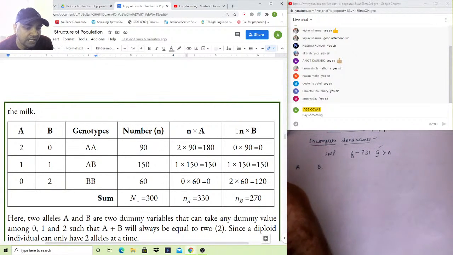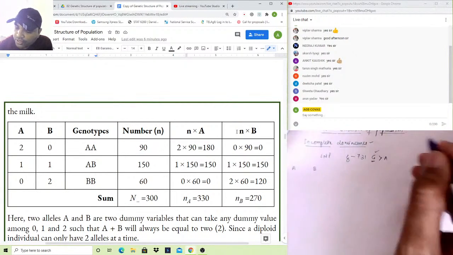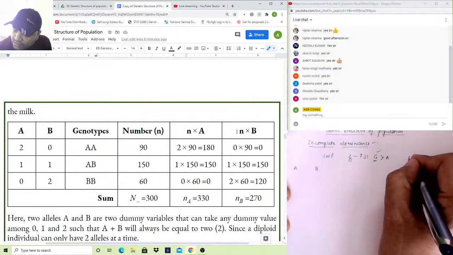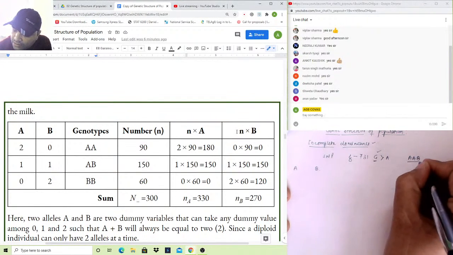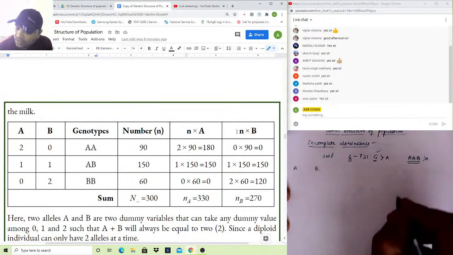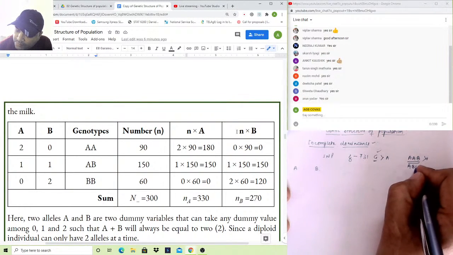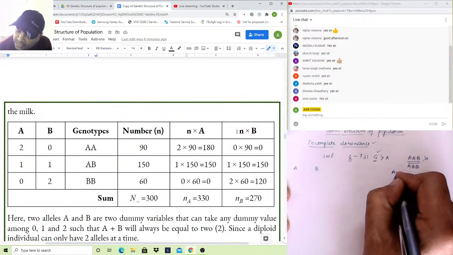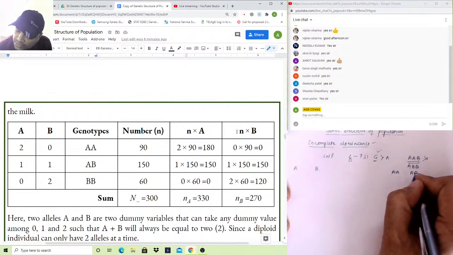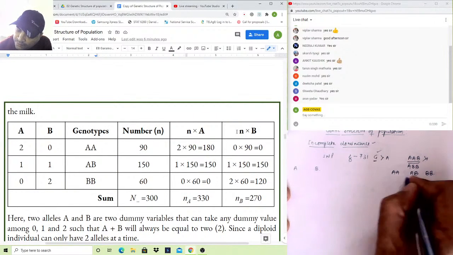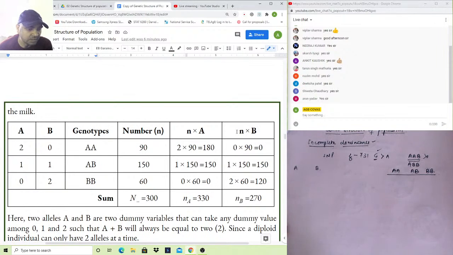It is not like an individual can have the genotype AAB. It is not possible. Neither can it have ABB. So it can either have AA or AB or BB. Okay, these three can be the possibilities.